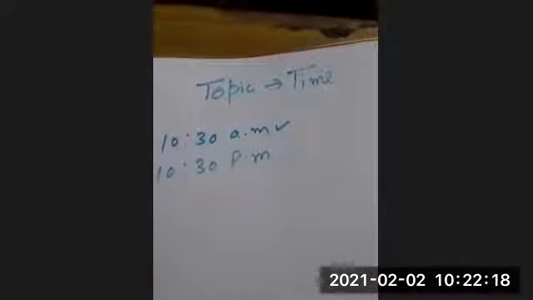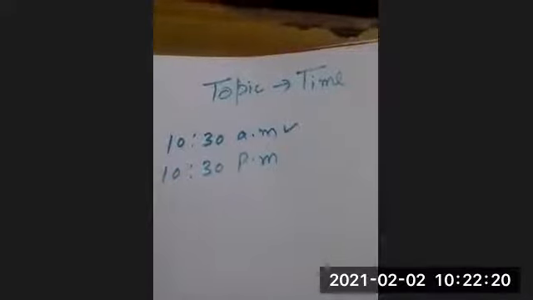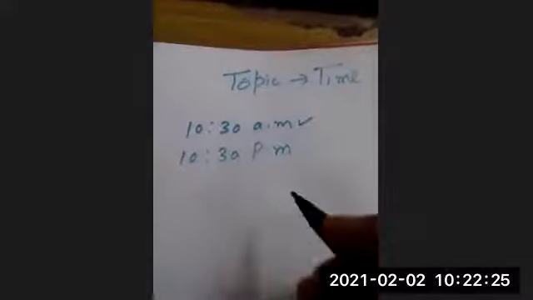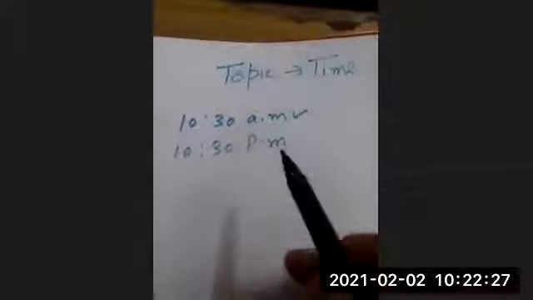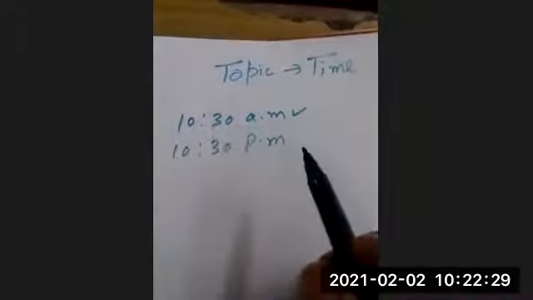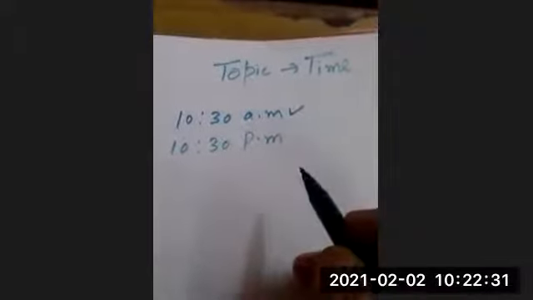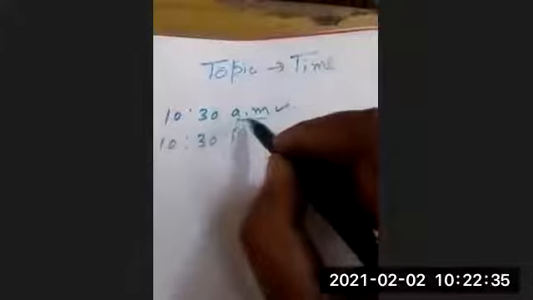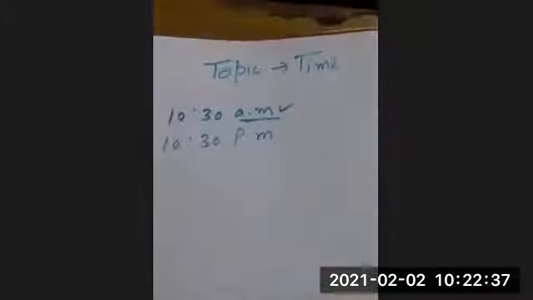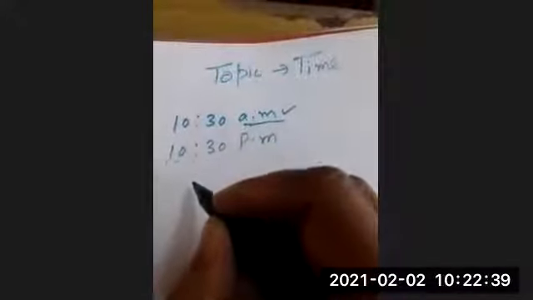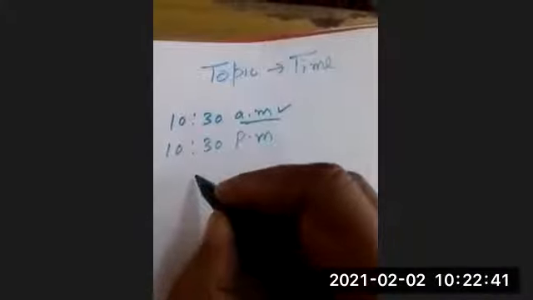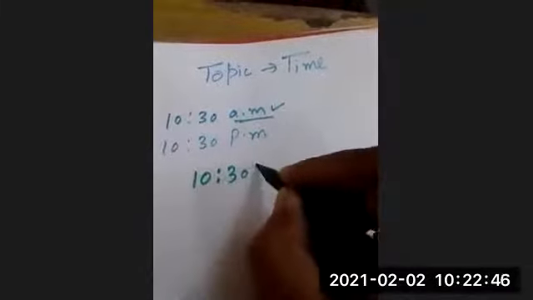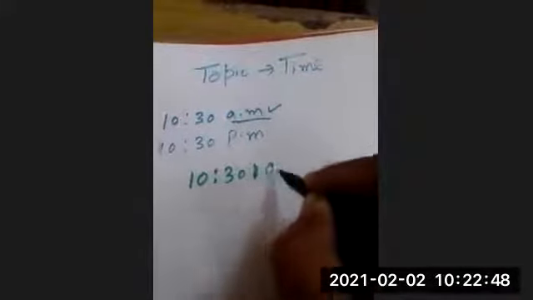Yes, friends, your time starts from 12 midnight. Time between 12 midnight to 12 noon, with this time we write AM. If it is 10:30 in the morning, then we write 10:30 AM.